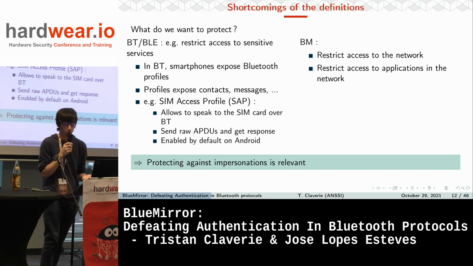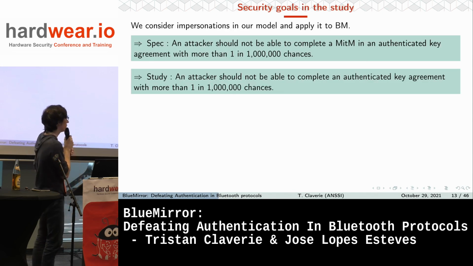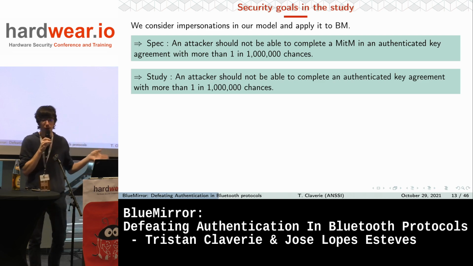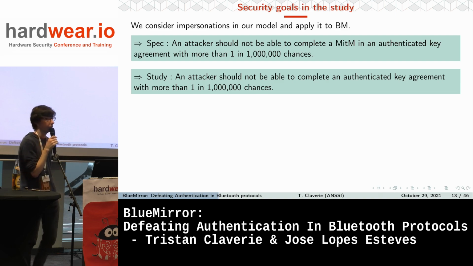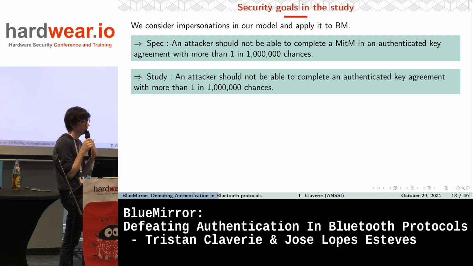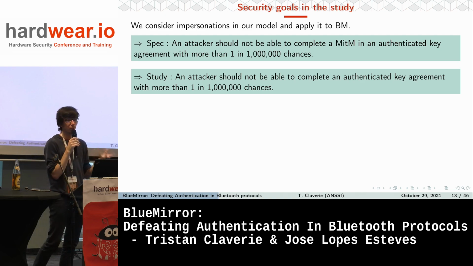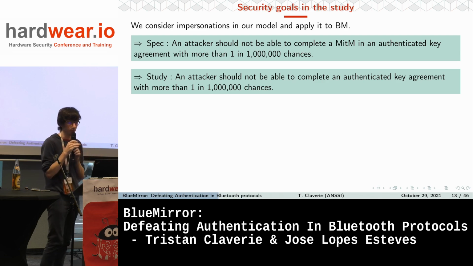So we actually include impersonations, and they need to be taken care of, even though the specification doesn't mention them. So, in this study, we chose a slightly different model from the specification, which is that an attacker should not be able to complete an authenticated key agreement with more than 1 in a million chances.